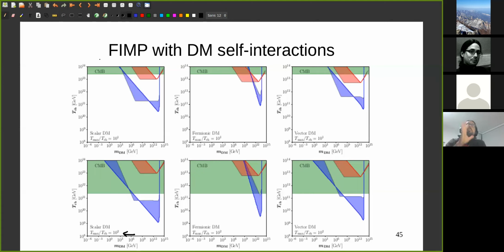But the main method here is independent of that. You can do it for any inflationary scenario, and the point is that there's a strong impact from dark matter self-interaction. First, you can produce the whole dark matter abundance just using the gravitational portal. This corresponds to gravitational dark matter in the sense that it's only connected to the visible sector via gravity.